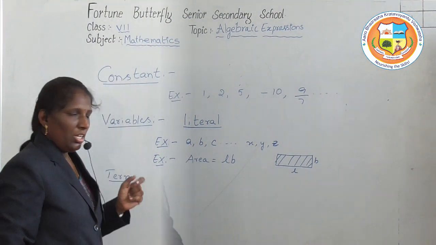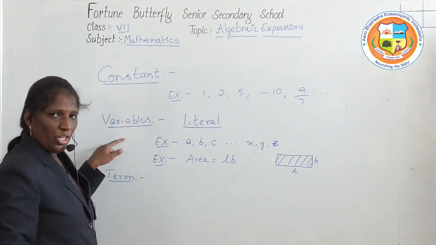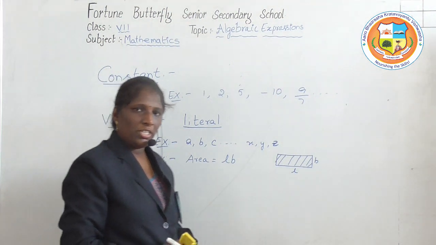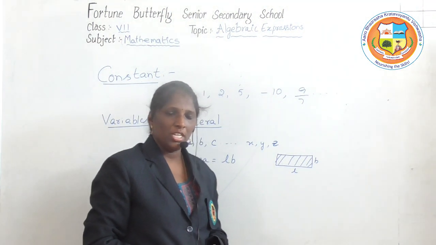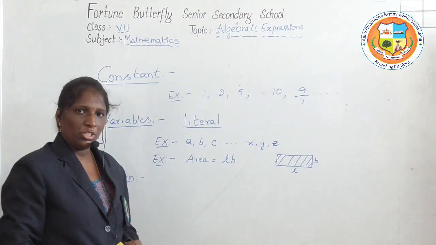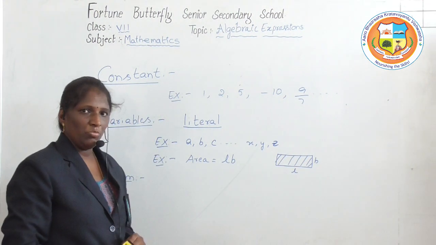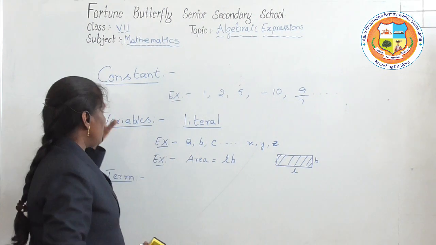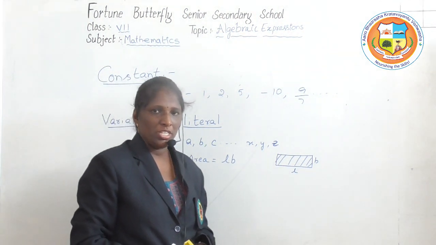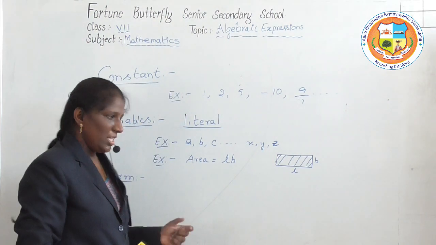What is a term? Now the constants and variables, the product of constants and variables by using the operators multiplication and division, is also called a term. Every constant is also a term. Every variable is also a term.